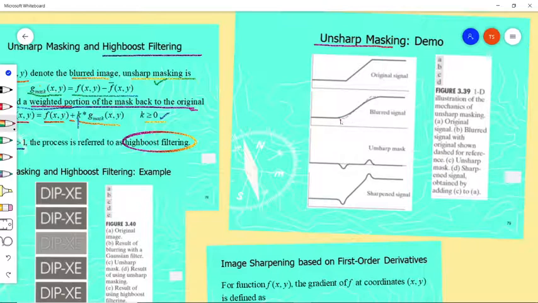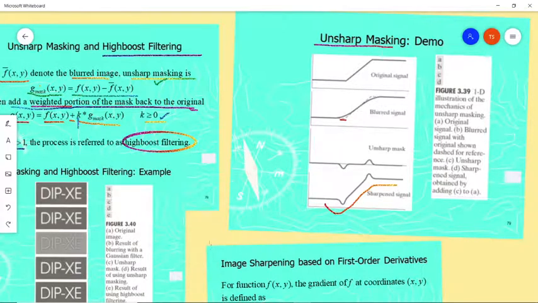See, these dashed lines are the original signal and we blurred it with this curve, and then unsharp masking. So this is the mask we are applying upon this and then adding this. Then this is the sharpened output g of x comma y.